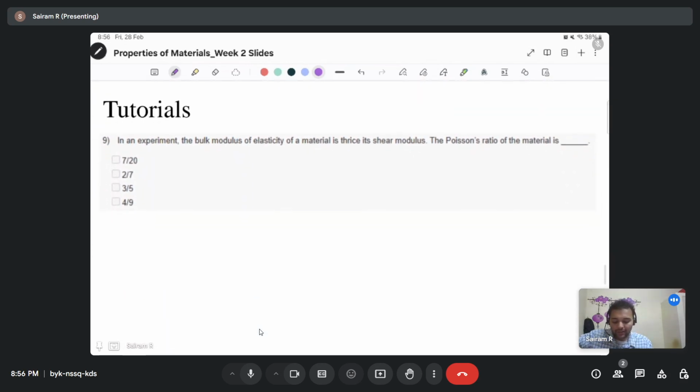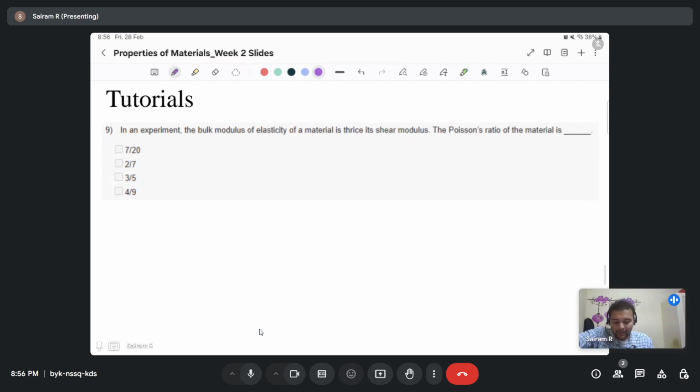Ninth question: in an experiment, the bulk modulus of elasticity of a material is thrice its shear modulus. So K equals 3 times G is what we know here.